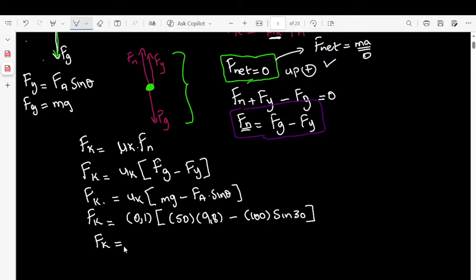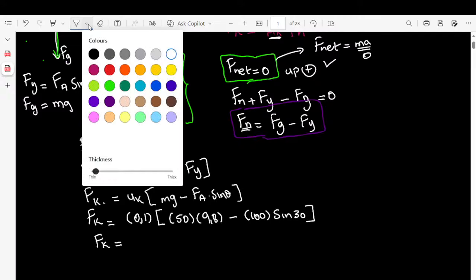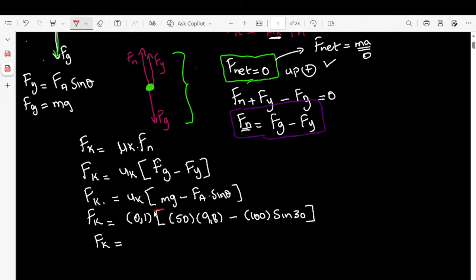Where's the -1 coming from? Guys, please be careful when you punch your calculator. You need to be very careful. Remember that the 0.1 multiplies everything inside this bracket.